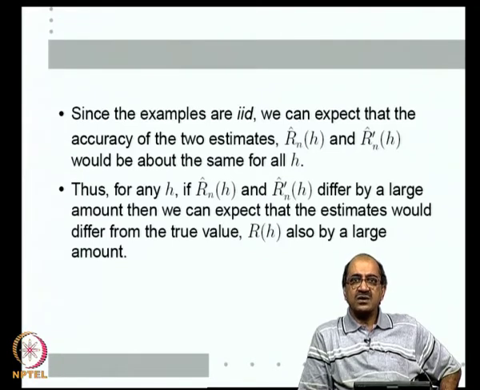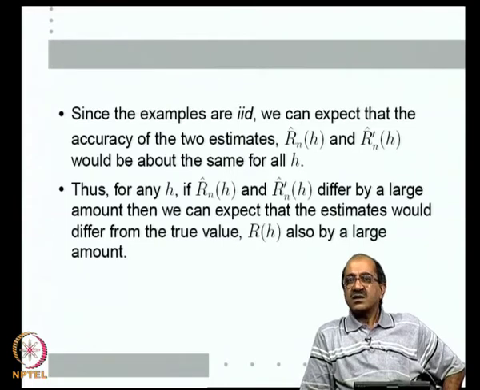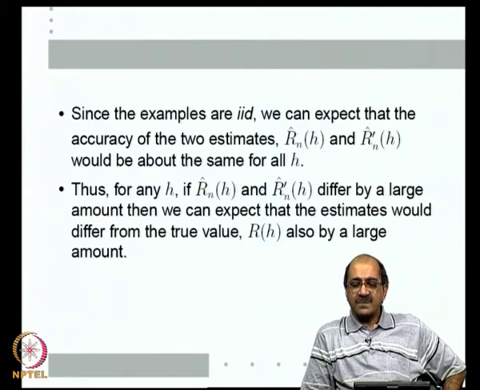If the estimate is good, then r hat n and r hat prime n should be about the same. If both of them are close to R(h), they should also be close to each other. Conversely, if they are far away from each other, then one of them is likely to be far away from R(h). This is of course a very hand-waving intuitive argument, but I hope the basic idea is clear.